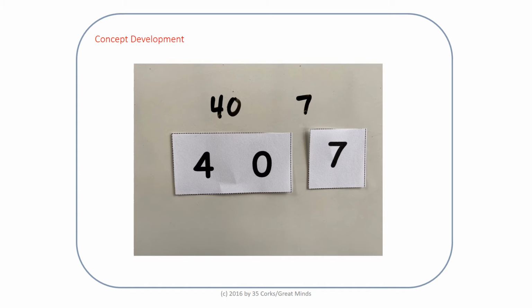Now I want to show 47 using quick 10 drawings. I'm going to count out each 10 and add on each of the ones the Say 10 way as I'm drawing them.